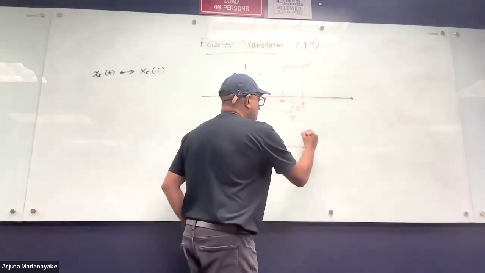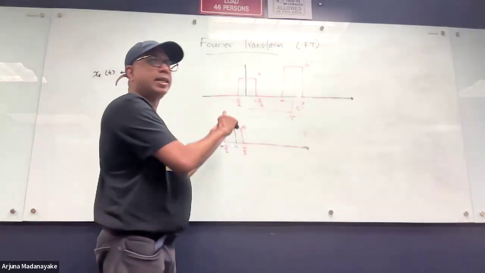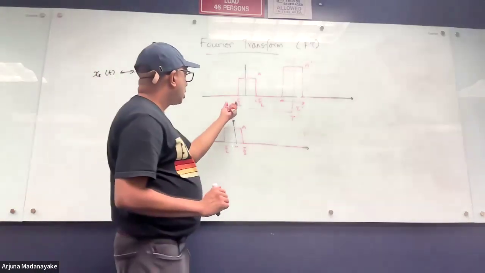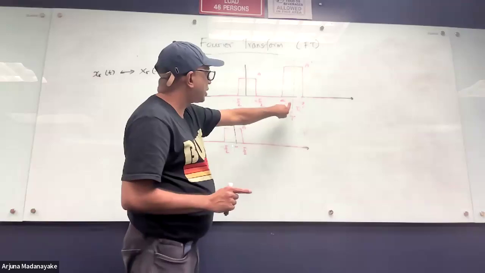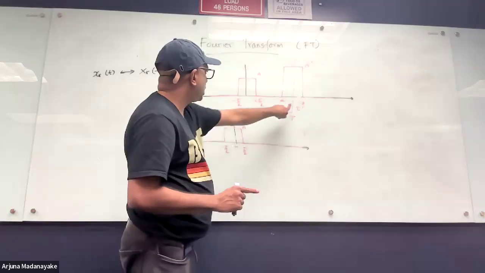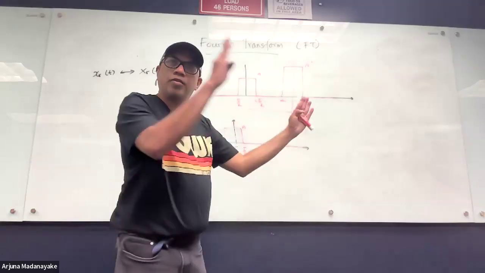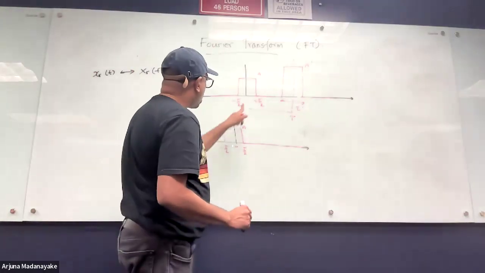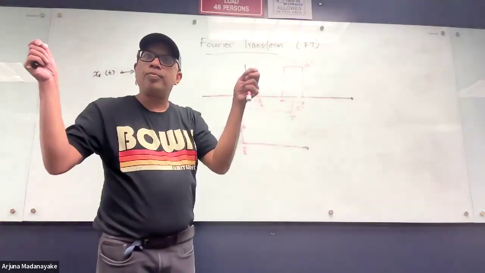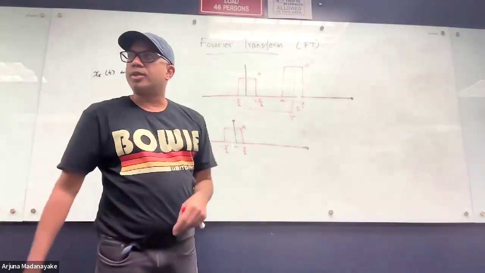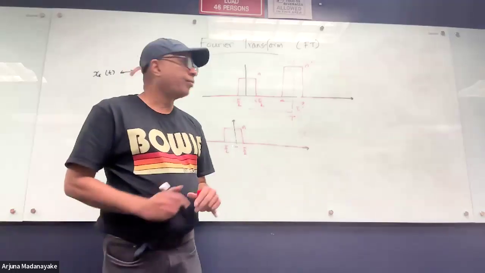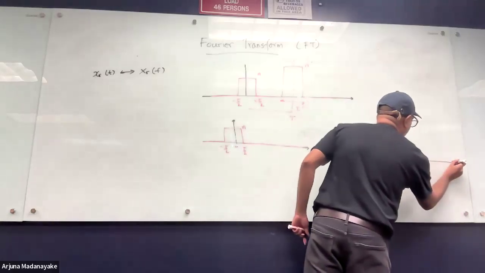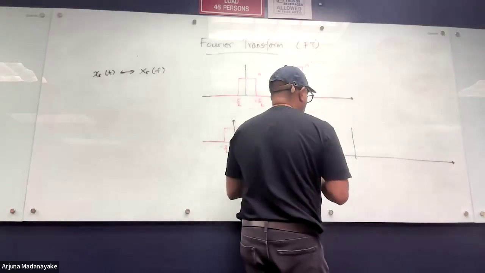Plus a second component, which is a delayed, scaled, and stretched version of the first pulse. It's delayed because it starts at this point, shifted by capital T. It's stretched because the duration is no longer tau but tau prime. And it's scaled because the height is now A prime, not A. So I have a second pulse.